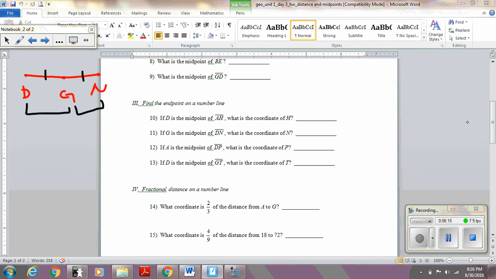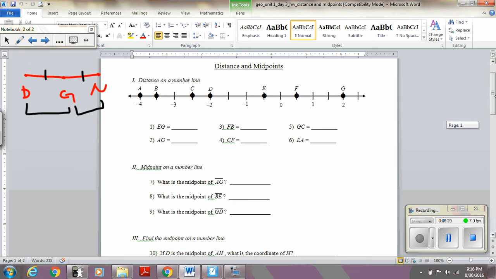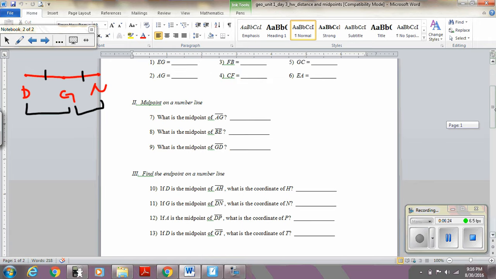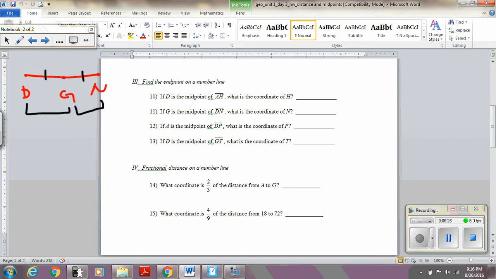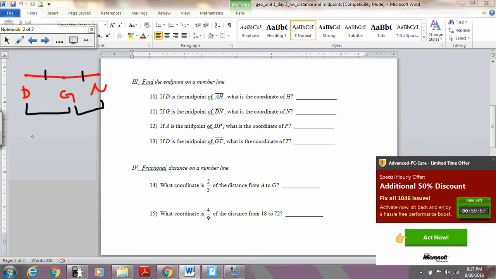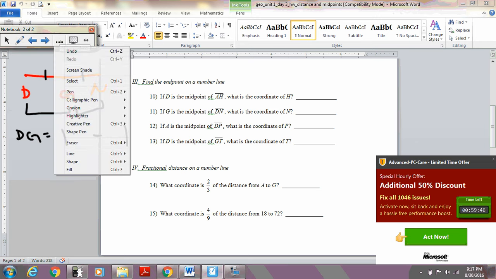So let's go back to the top of our screen. D is located at negative 2 and G is located at positive 2. So the first thing I'm going to do is find the distance between D and G. Draw my absolute value bars and my minus sign because that's the skeleton for the formula.